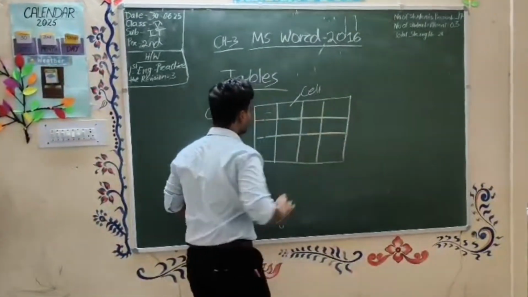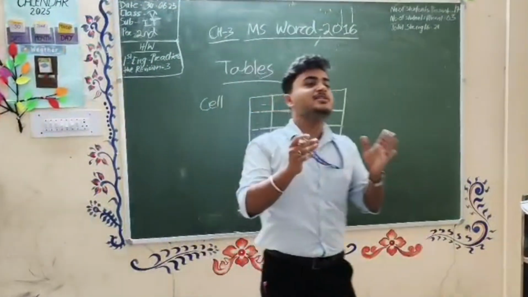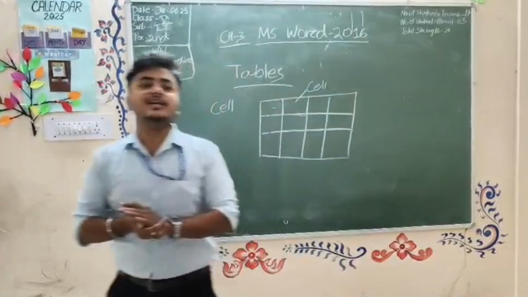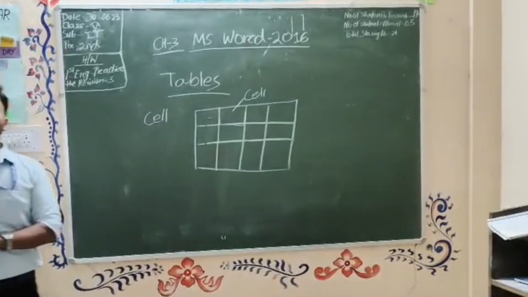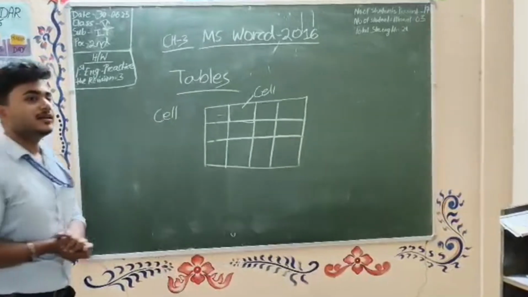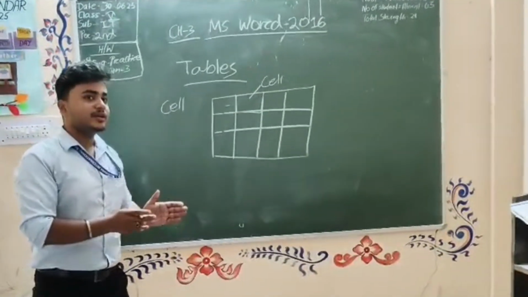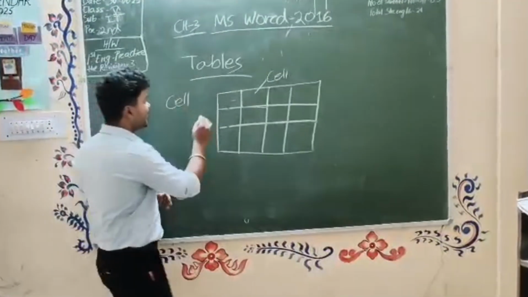Previously we discussed how to insert data in a cell. How to insert data in a cell? Put the mouse pointer on the cell where you want to enter data.